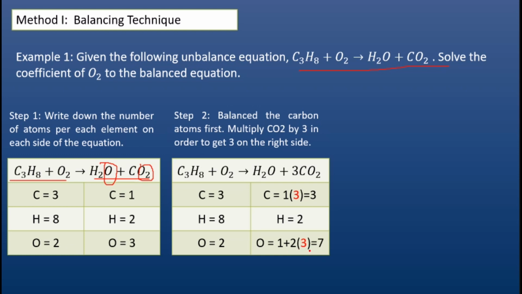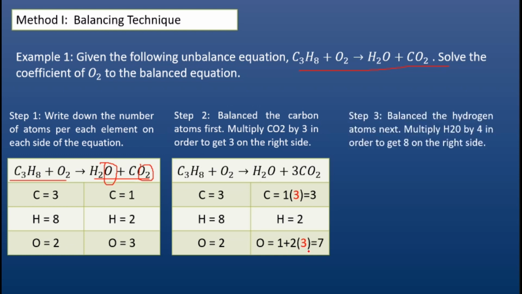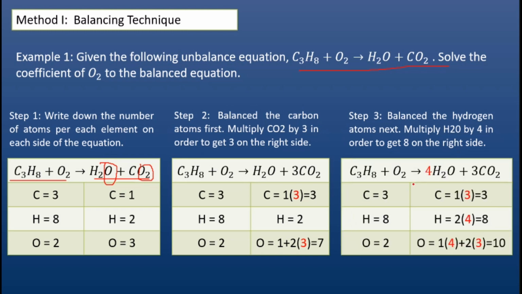So the carbon on the right is 1 plus 2 times 3, that is 7. Next, balance the hydrogen atoms, so multiply H2O by 4 in order to get 8 on the right side.